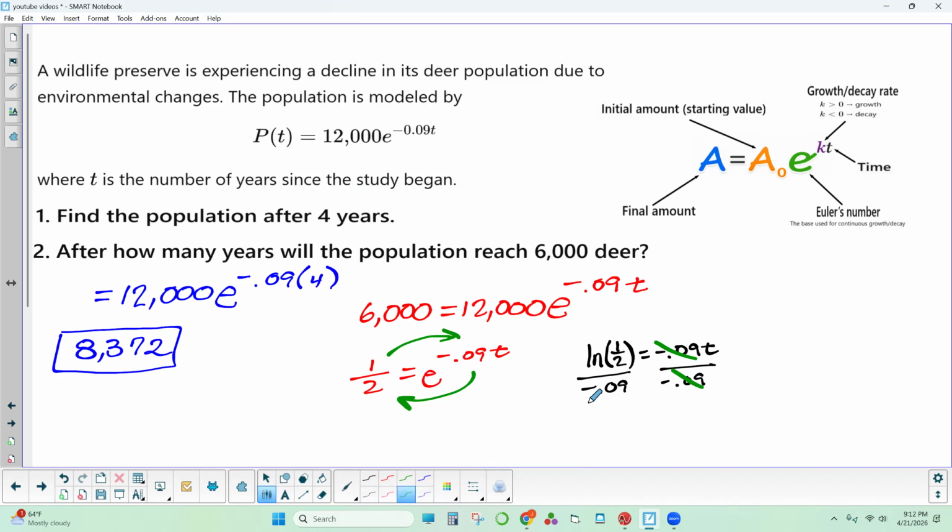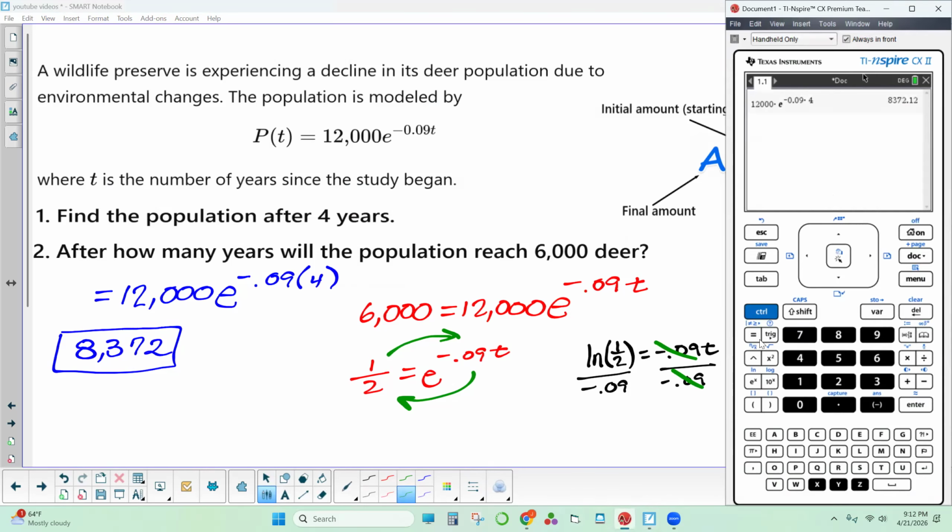And now this is in calculator-ready form, and this will solve for the time it will take for our population to reach 6,000. So now I'm going to put that in my calculator. I've got, in my numerator, natural log of 1/2, divided by my rate, which is negative 0.09.